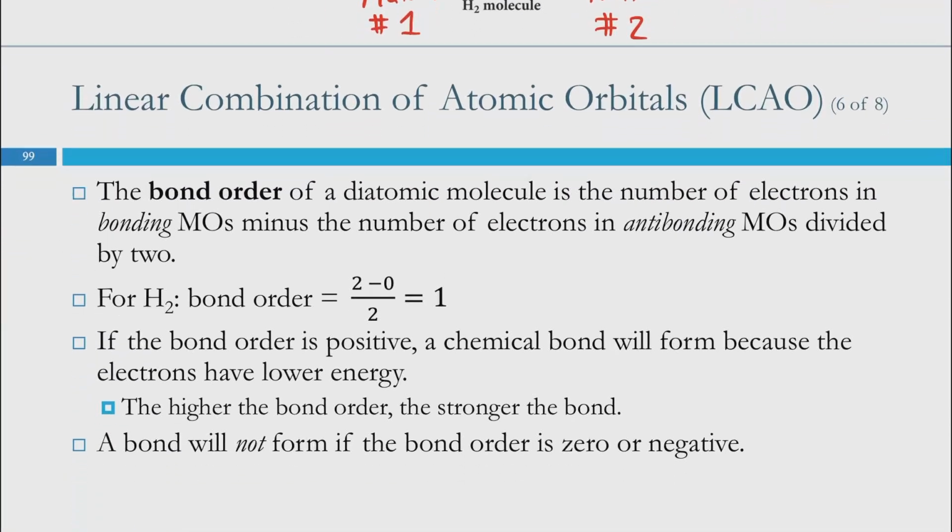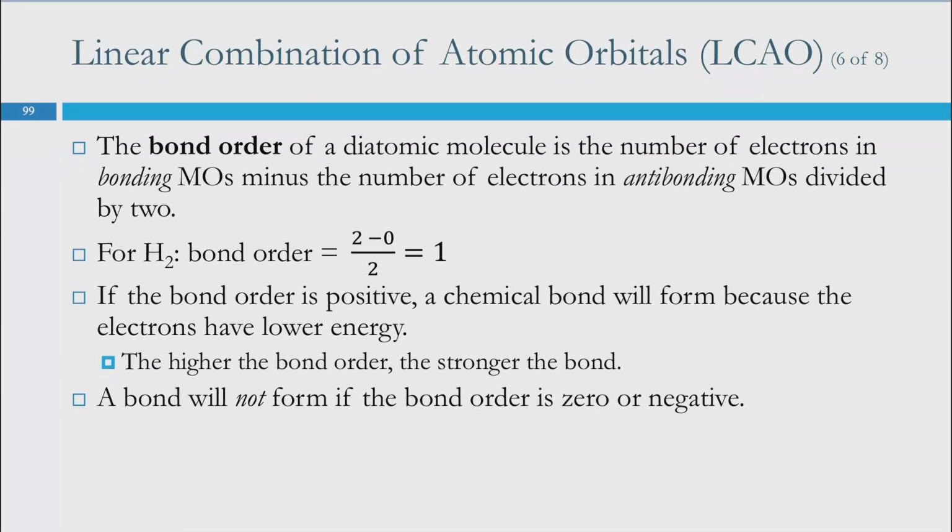So the relatively simple math, and I think the only math that we're going to do for molecular orbital theory, is bond order. So how bonded are the two things? It's the number of electrons in the bonding MOs. In this case, that was both.